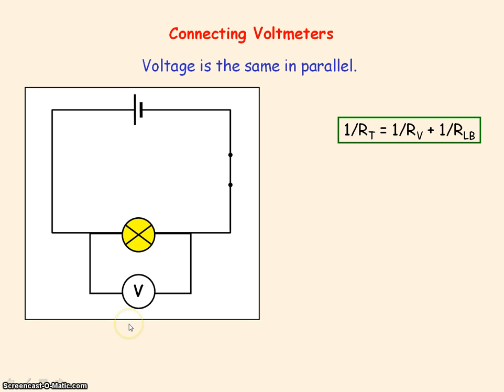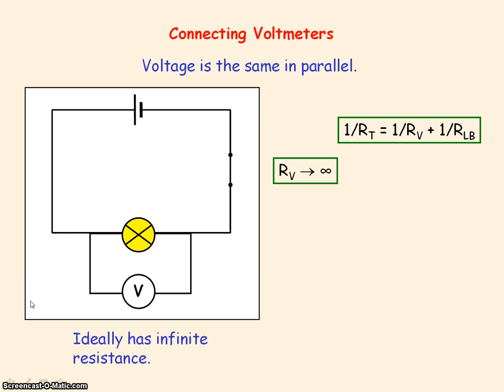For the voltmeter to have no effect on the circuit, it must draw no current through it, so all the current in the circuit will flow through the light bulb. That means that ideally the voltmeter should have infinite resistance, or actually we should say it's tending towards infinity.